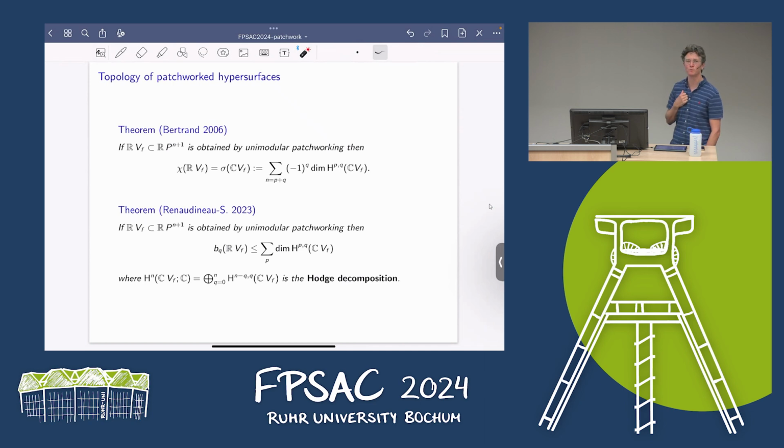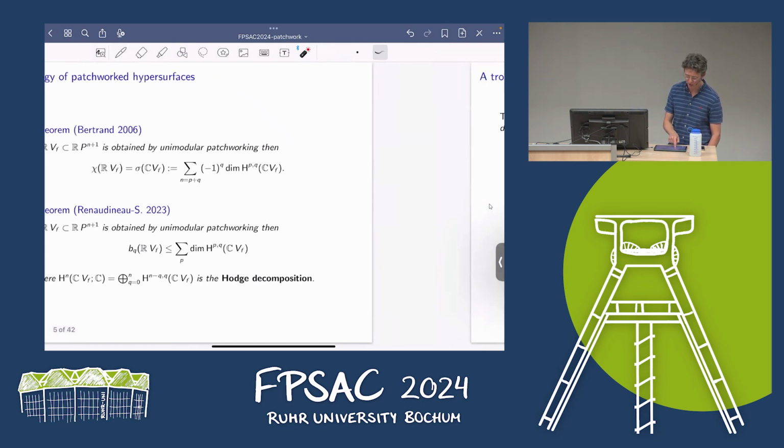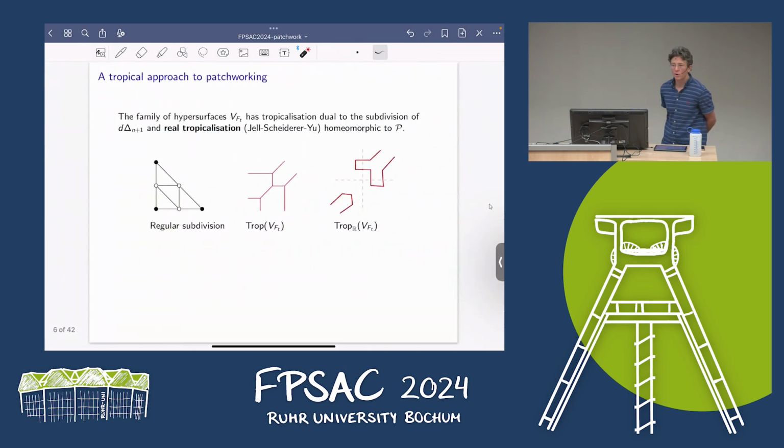The other reason why I'm mentioning this is because the second theorem here really came to us by shifting perspective on Viro's patchworking to a tropical perspective. So it's just really a reformulation. But if we take this family of hypersurfaces given by this polynomial f_t in t, we can tropicalize that, as we saw in Josephine's talk. We'll get to tropicalization in a little simpler setting in a bit.